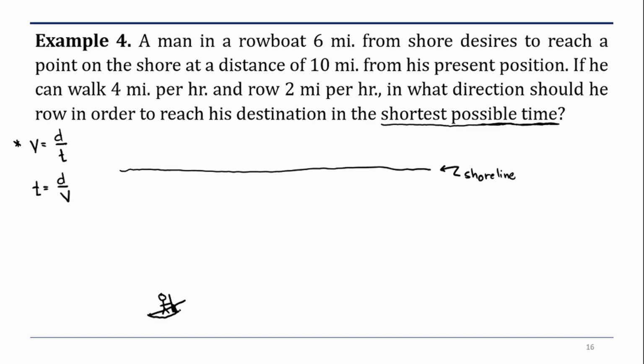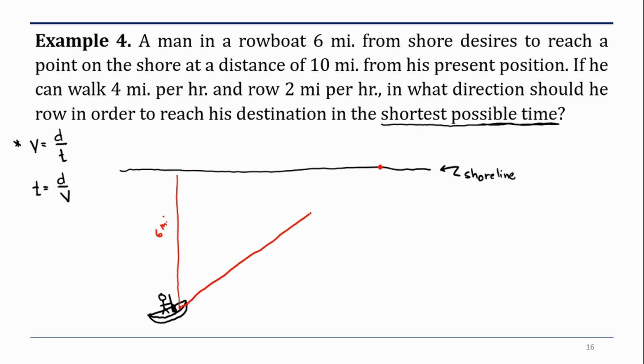Sakay siya sa bangka. And then, yung distance niya from the shore ay 6 miles. That is yung perpendicular distance. So, this is yung distance na ito. This is 6 miles. Tapos, he desires to reach a point on the shore. So, for instance, ito yung point on the shore. Tapos, yung distance niya from that point ay 10 miles.